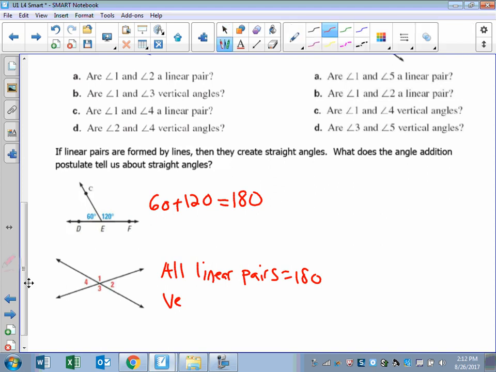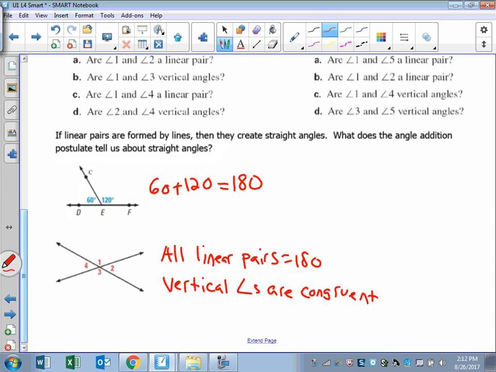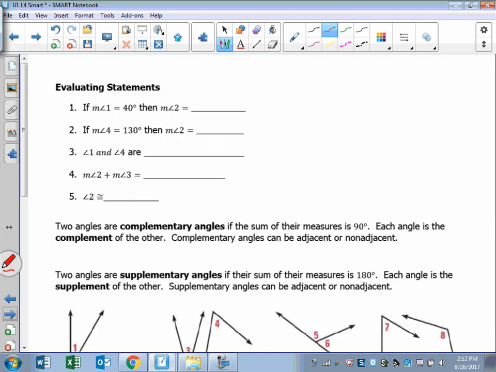Vertical angles are congruent. We got a couple questions related to this diagram that are on the back here.